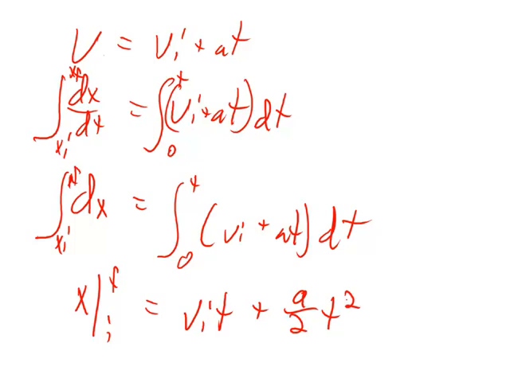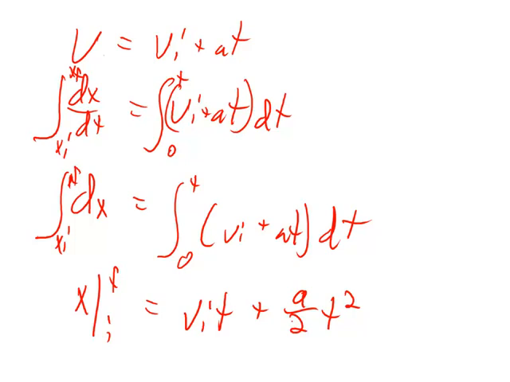Because when you integrate with respect to t, dt becomes what? T, and then you distribute the t, and it becomes VI t plus A, your constant, t squared over 1/2, or over 2. Okay?